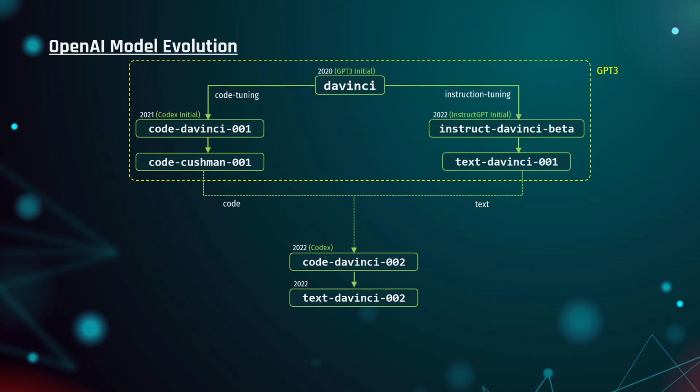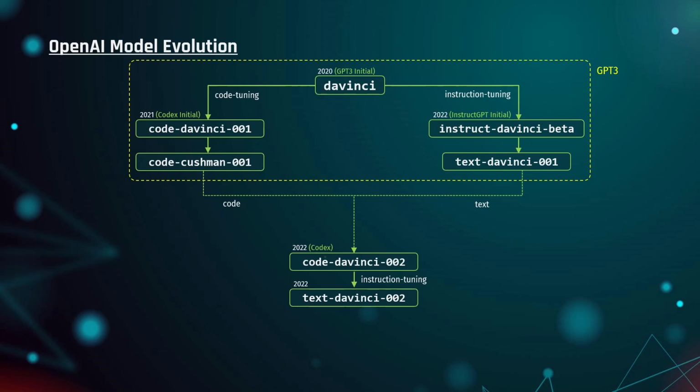This particular model was an even more instruction tuned version of Code Da Vinci 002. Okay, and finally, to make Text Da Vinci 002 even more aligned with humans, OpenAI compromised the in-context learning to get exceptionally good at zero-shot learning.